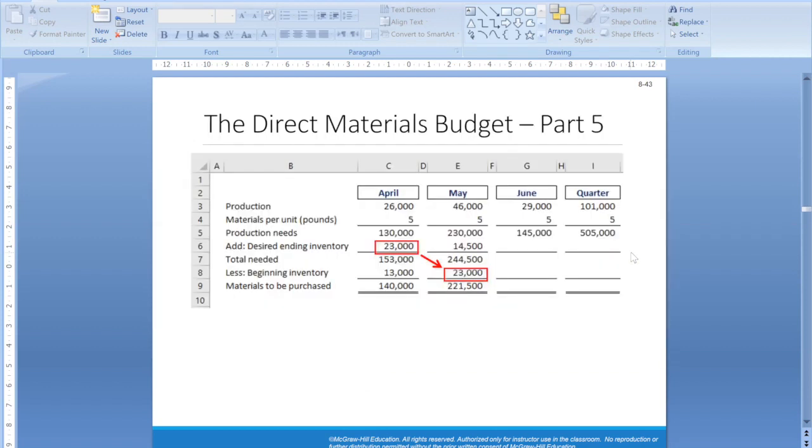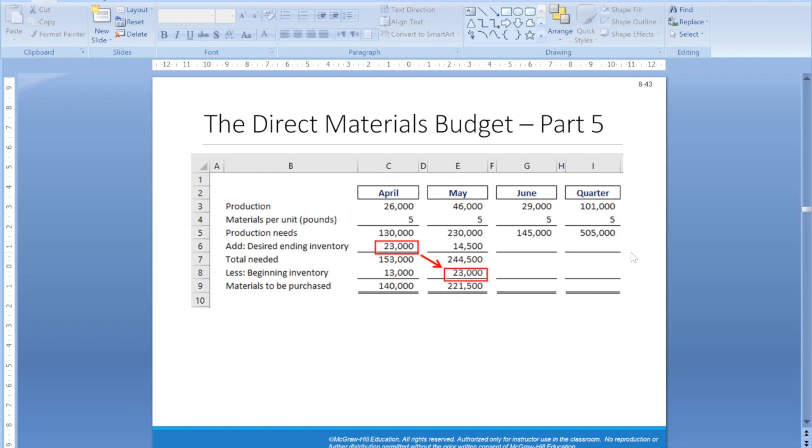May, we need, as we say, 46,000 times 5. This equals 230,000 pounds needed for May. Now, I need 10% from the following month, right? For the following month, we have 145,000 pounds in June. We need to keep 10% of this number in May. So I need to keep 14,500 in May, for any unexpected demand in May.